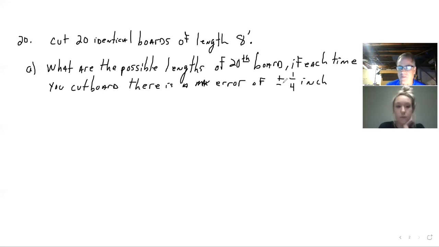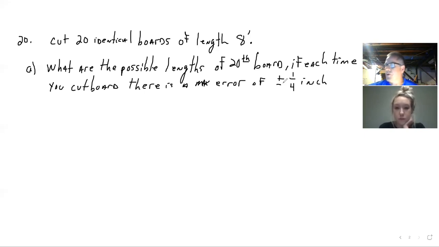So I'm going to have to calculate for both, too long a cut and too short a cut. We'll go with I come up short each time, a 1/4 of an inch too short.